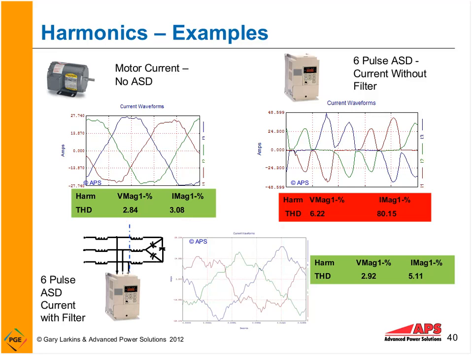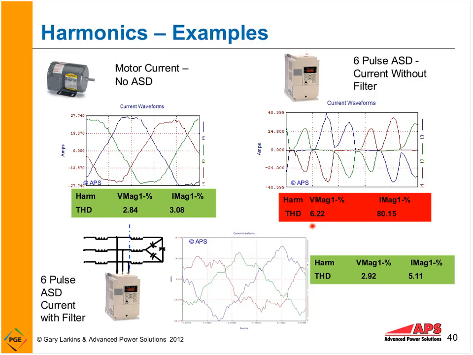Now, if I put this drive in to feed this motor, now I can see that my current distortion went up to 80%. So I have current flowing at harmonic frequencies other than 60 hertz. It's actually doing no useful work and causing poor power factor as well. It brings my voltage distortion up over 6%, which may also cause malfunction of other loads fed by this electrical distribution system.